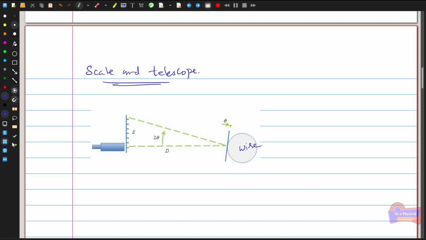We can see that the wire is here. This is the actual reference line without the load. If we add the load, there is a twist in the wire in the clockwise direction, giving a theta difference, so that the reading of the scale is reflected back from the mirror to the telescope.